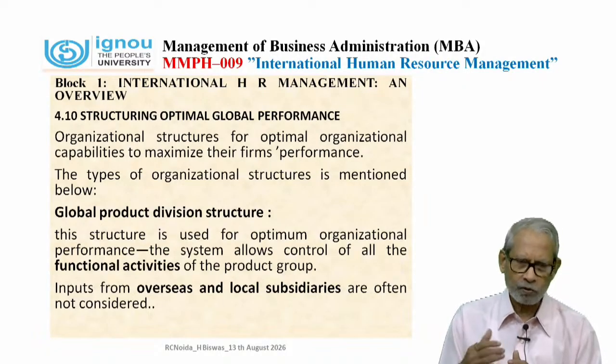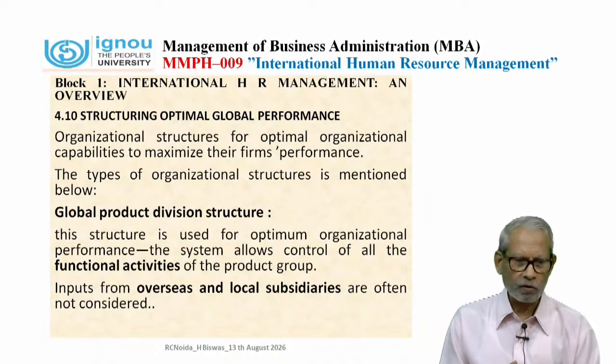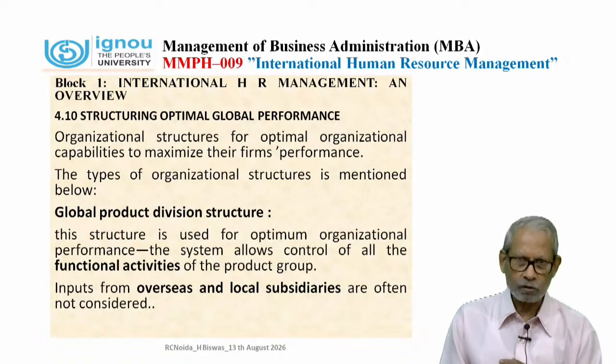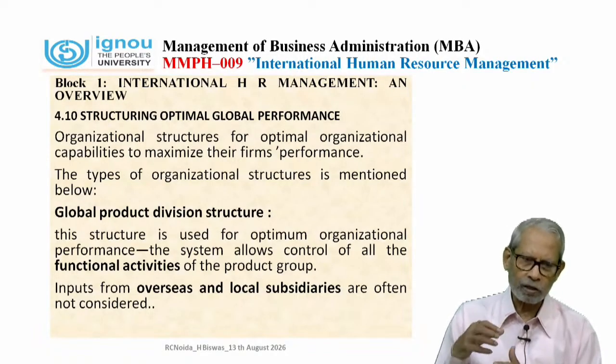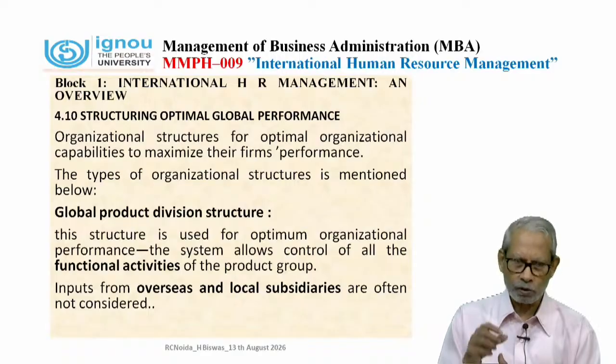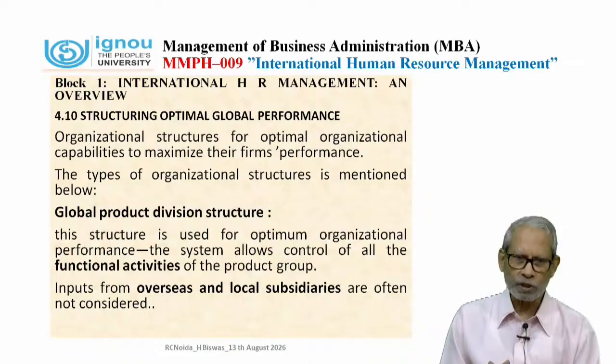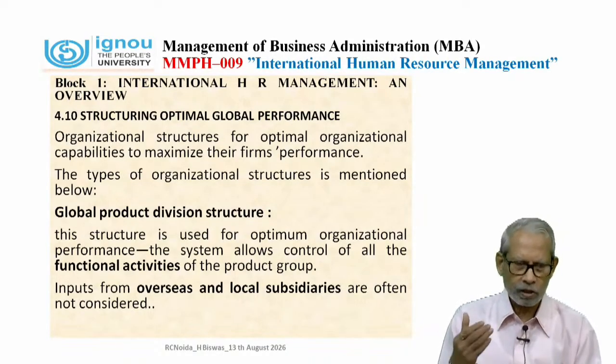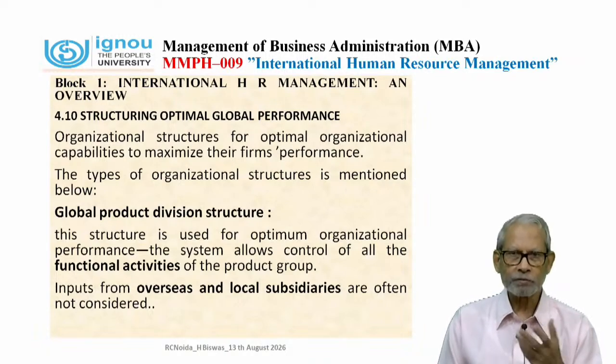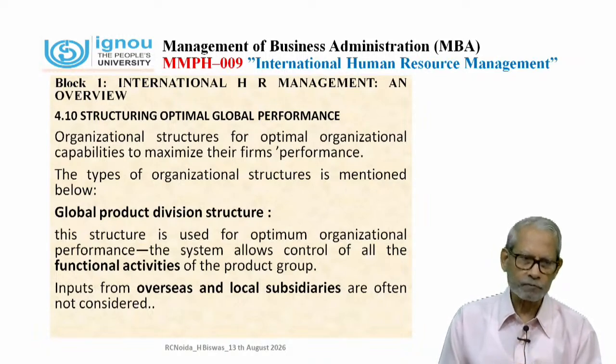Inputs from the overseas and local subsidiaries are often not considered, but that is why it is required, because when we are preparing the global product division structure, you have to take inputs or data from your local subsidiaries and overseas, both. Then you can take some decisions or make a strategy.